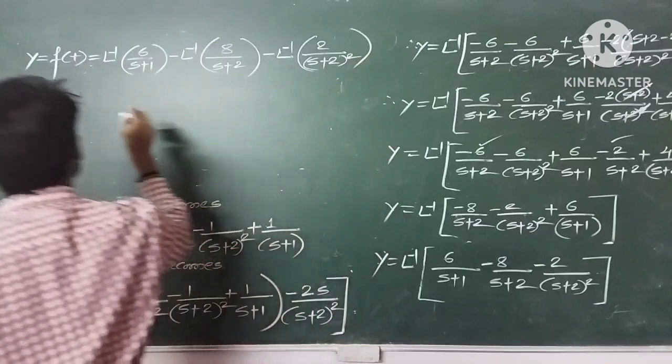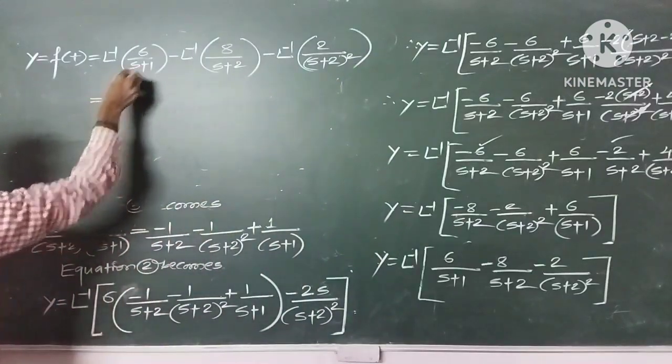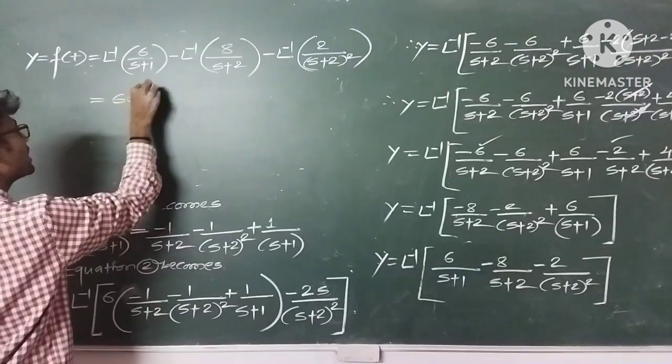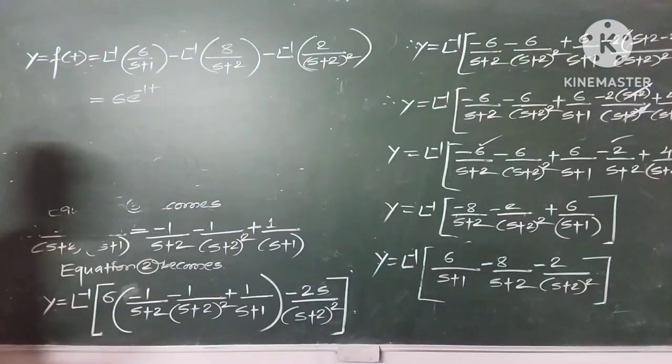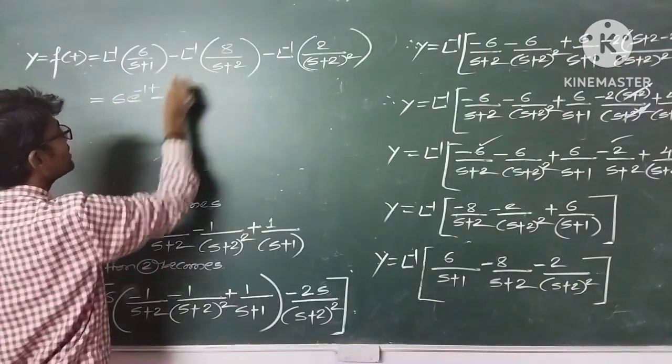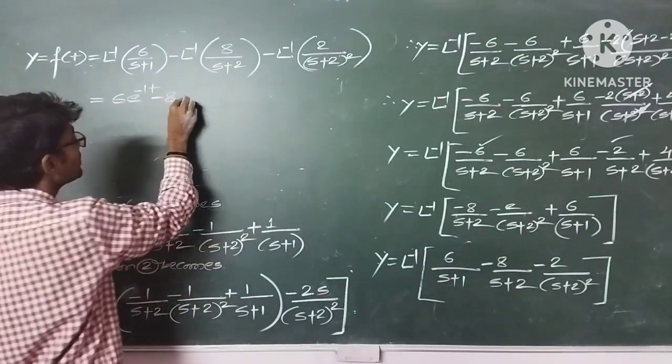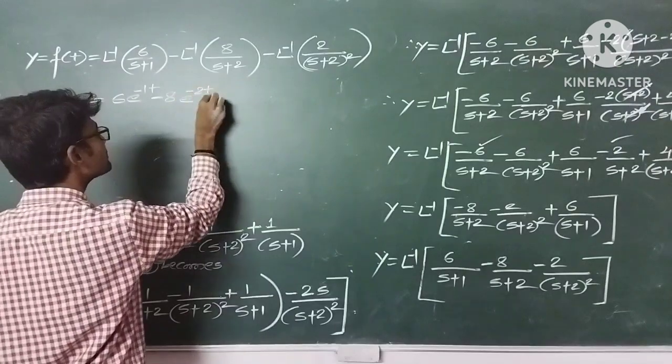So now see, 6 is constant, inverse Laplace transform of 1 divided by s plus 1 is e raised to minus t. Minus 8 is constant, inverse Laplace transform of 1 divided by s plus 2 is e raised to minus 2t.